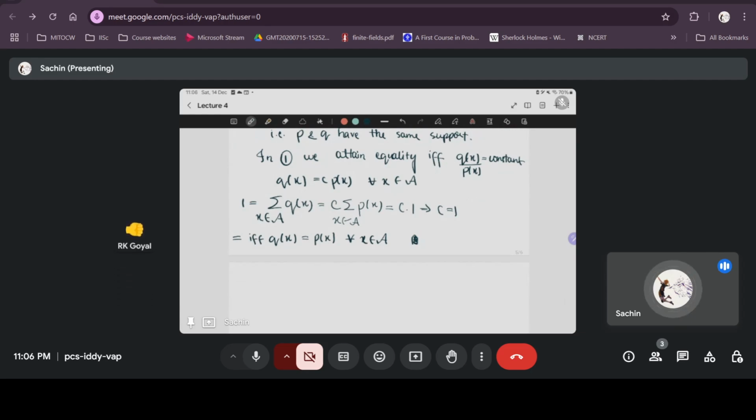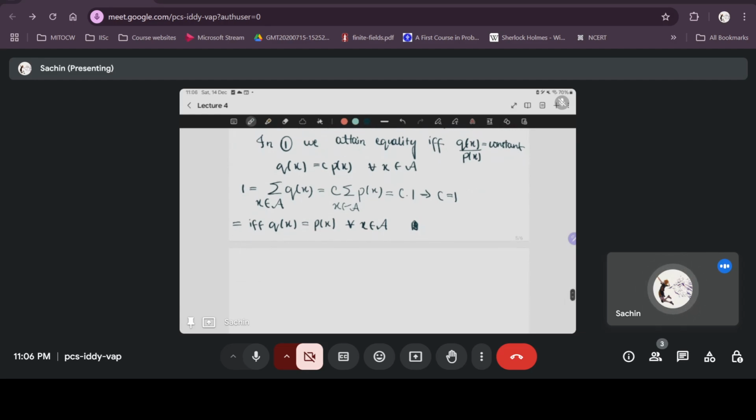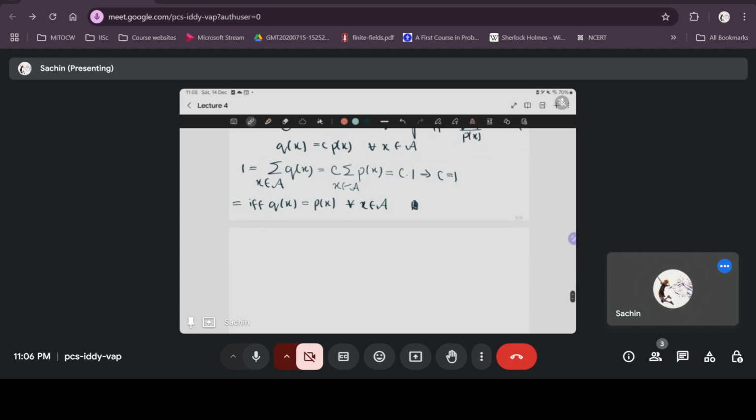Any doubt in this? Okay. Now, earlier we had defined the mutual information as a type of relative entropy. So, since relative entropy is non-negative, from this theorem we have a corollary: non-negativity of mutual information.